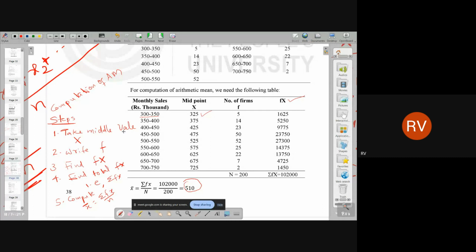The first step is to take the middle value of x, that is, the middle value of each class. 300 to 350 is 325. 350 to 400 is 375. Then take the sum of all fx, that is sigma fx.